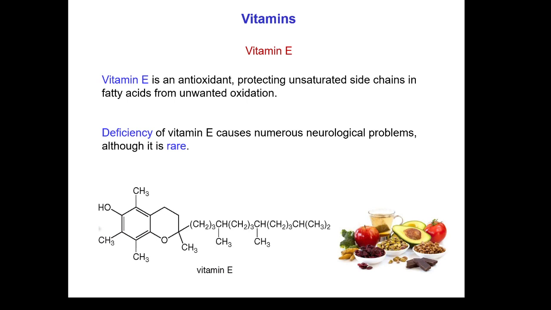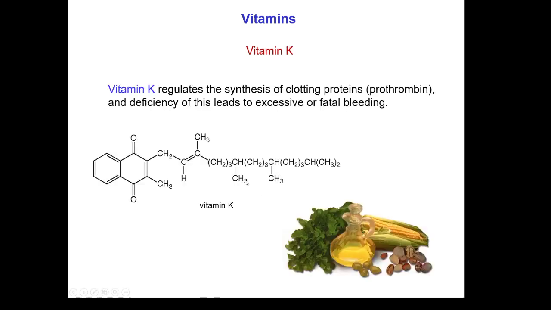It protects unsaturated side chains and fatty acids from oxidizing. If you are deficient in vitamin E, it'll cause huge problems in your neurons and brain activity. But the good news is it's rare to be deficient in vitamin E.